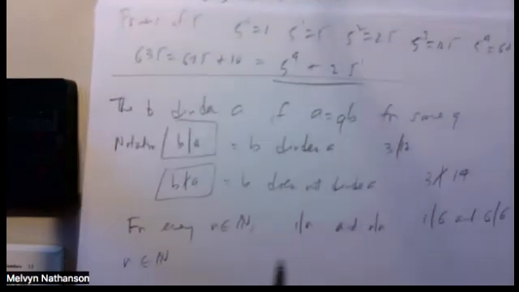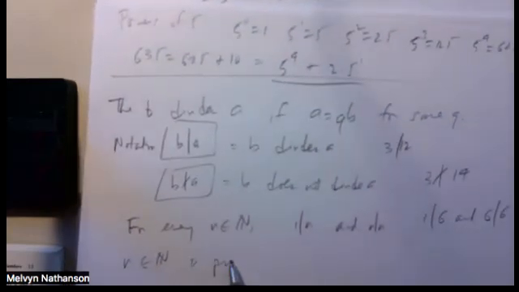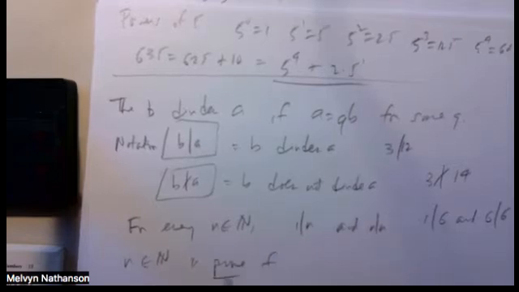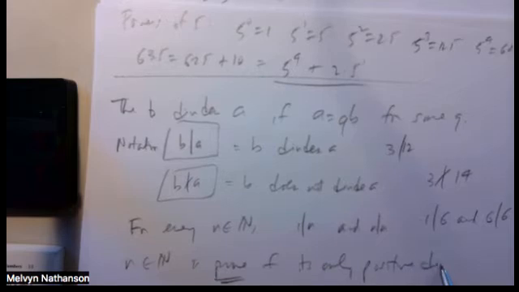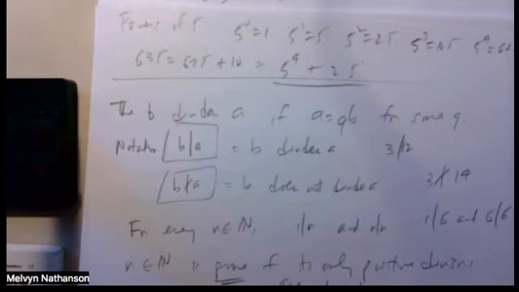And we say a positive integer n is prime if its only positive divisors are 1 and n itself.